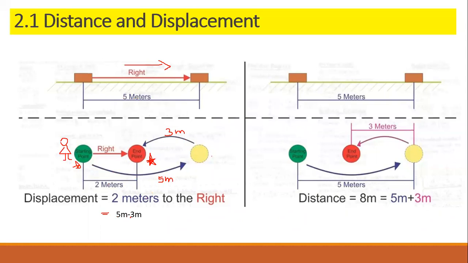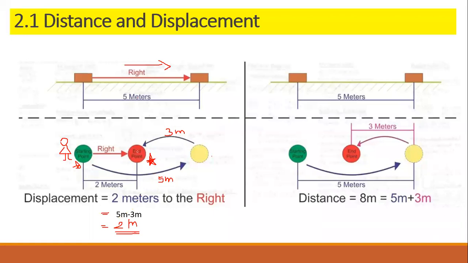So we have to reduce the value which is in the opposite direction from these 5 meters. So we reduce 3 meters from this 5 meters. So our answer is 2 meters here.